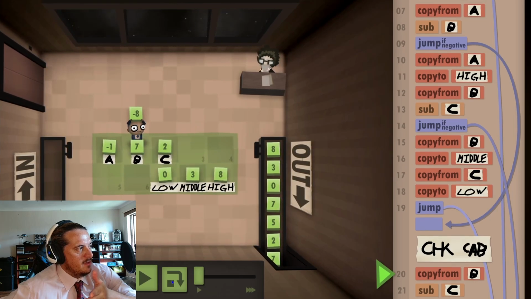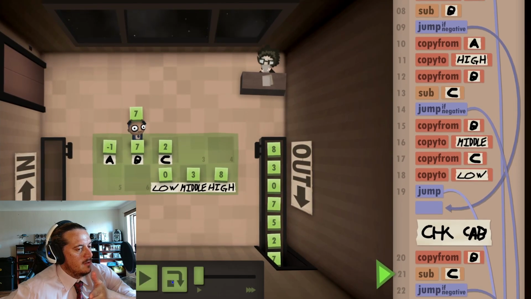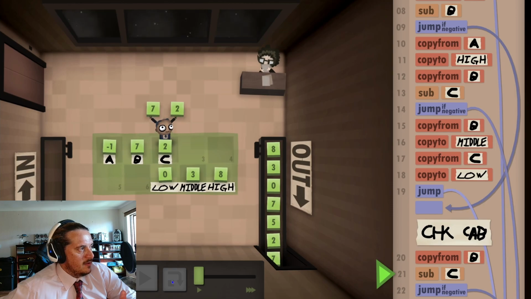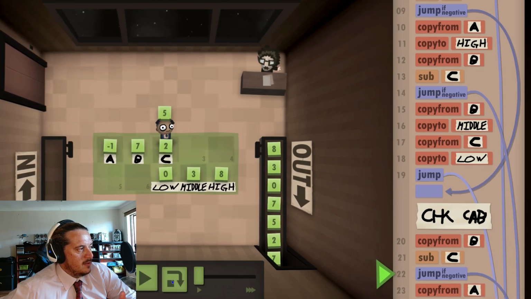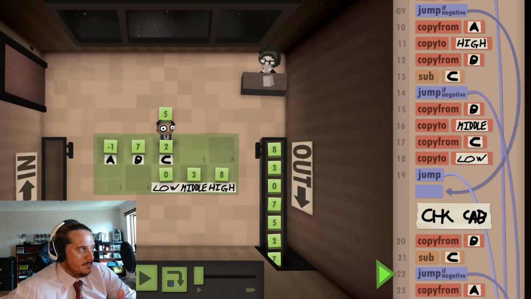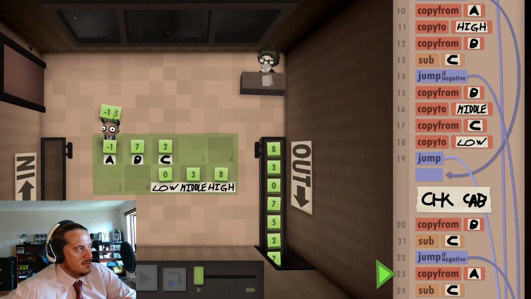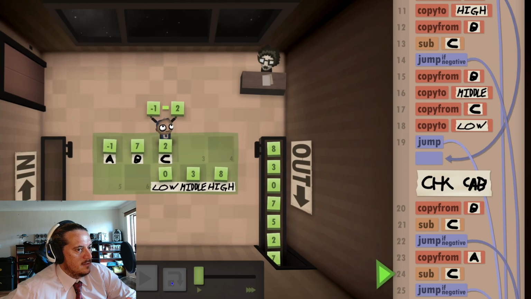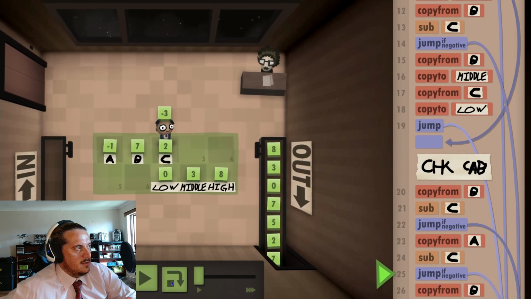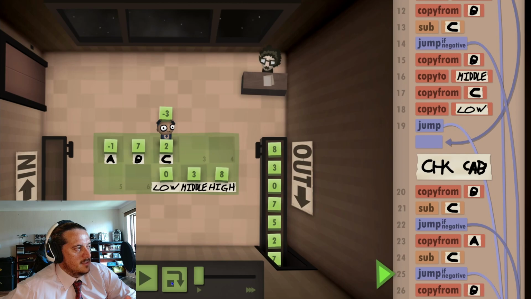Copy from B. So B is higher than A. Correct. B is higher than C. C is higher than B.